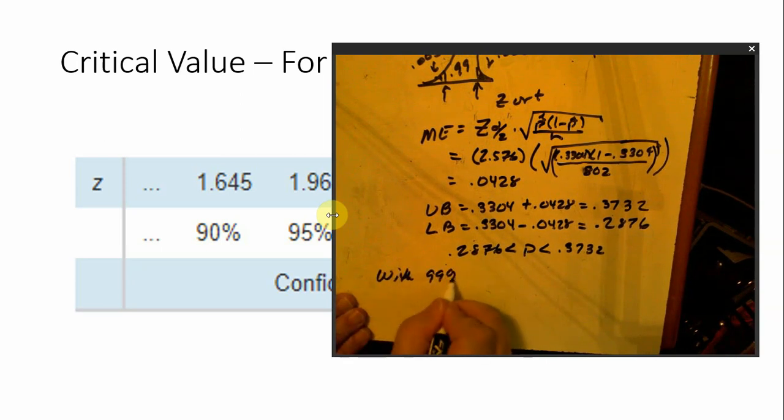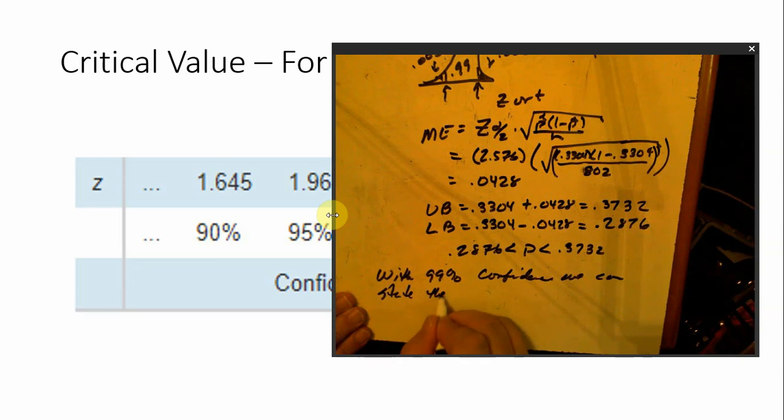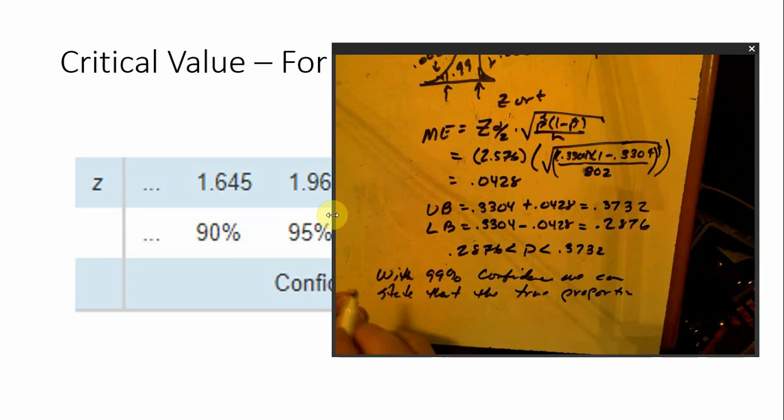With 99% confidence, we can state that the true proportion, and naturally we would like to put some context in there from the statement, lies between 0.2876 and 0.3732.